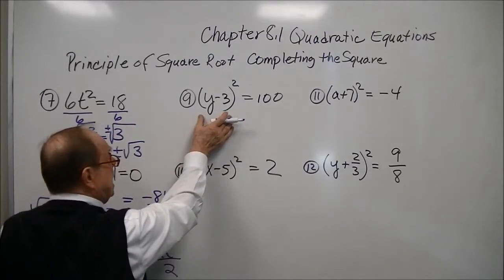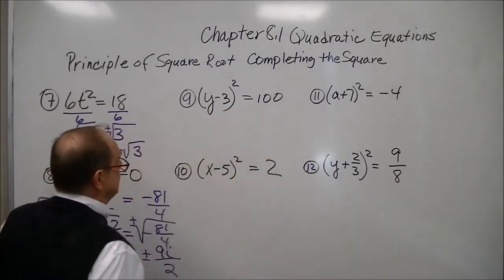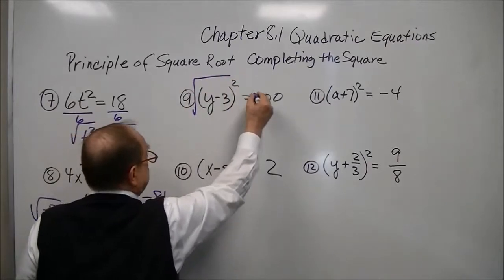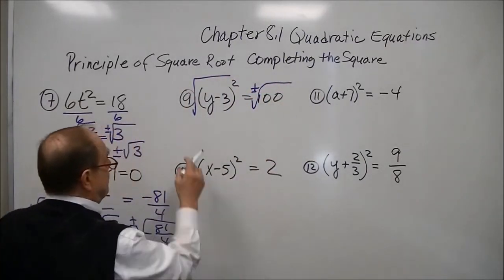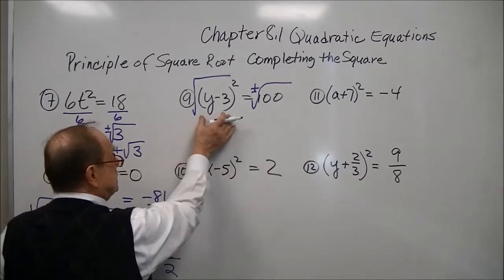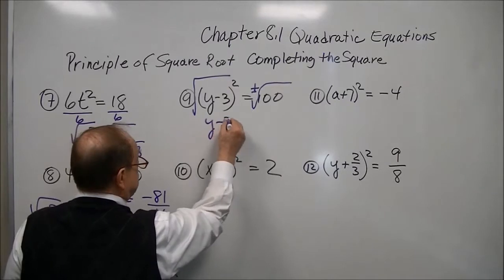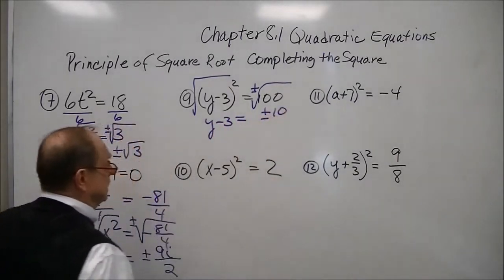because we have now a binomial that equals something. We're going to use the same technique. Take the square root of that and plus or minus the square root of that. Remember, by taking the square root of that, it just leaves the radicand, which is y minus 3 equals plus or minus 10.